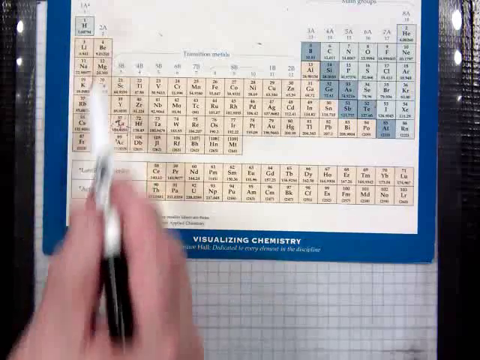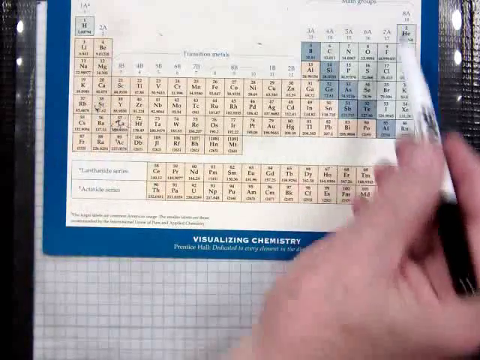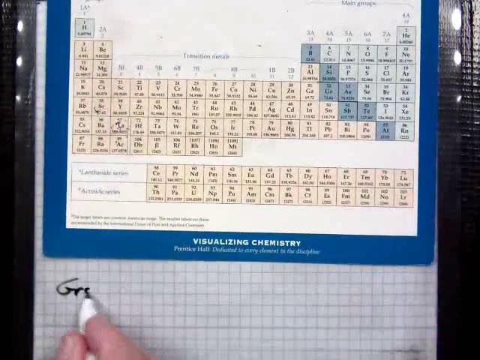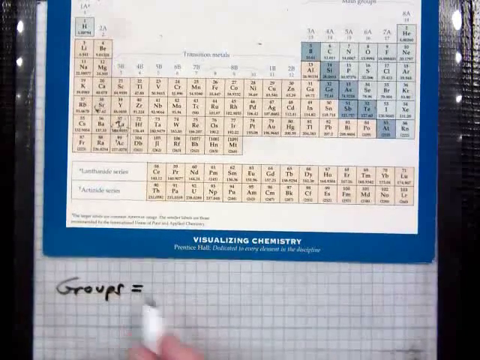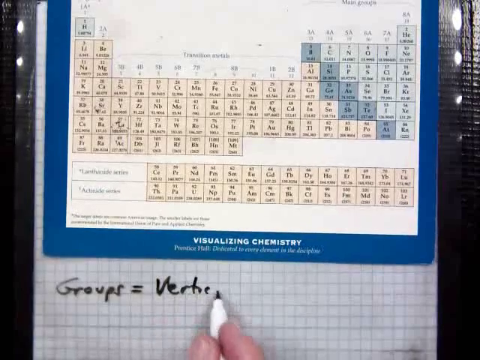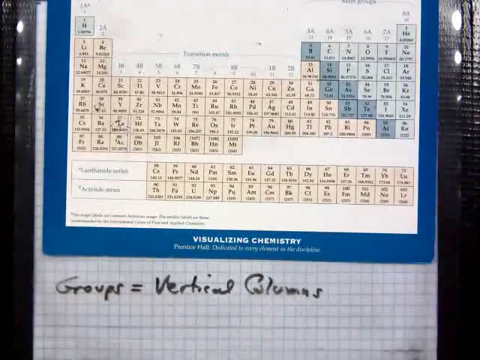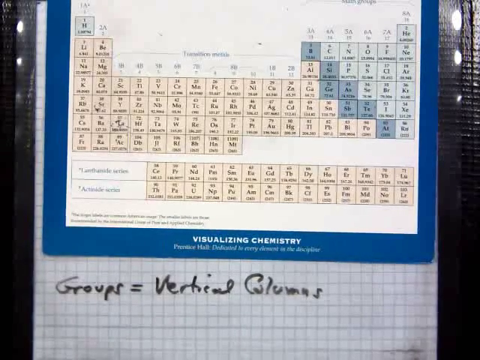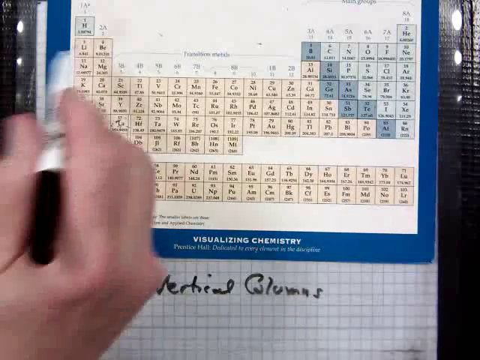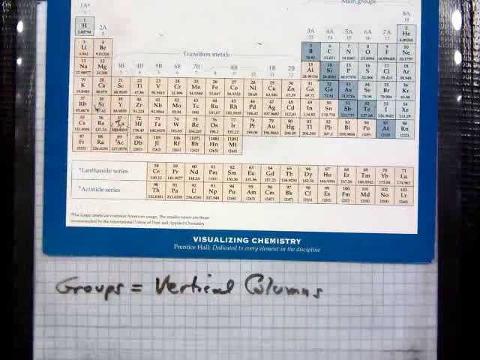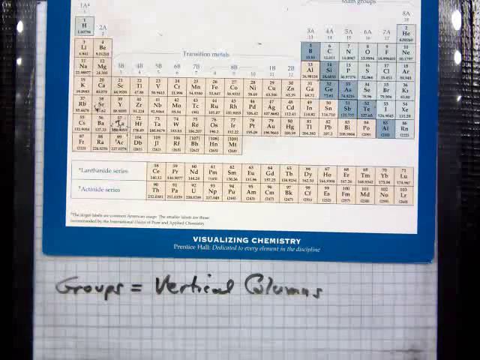Vertical columns are called groups. And these are collectively put together because of what we call the periodic law. All of the elements in a given column have similar chemical and physical properties.